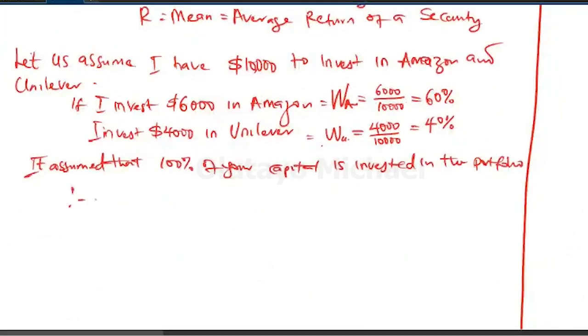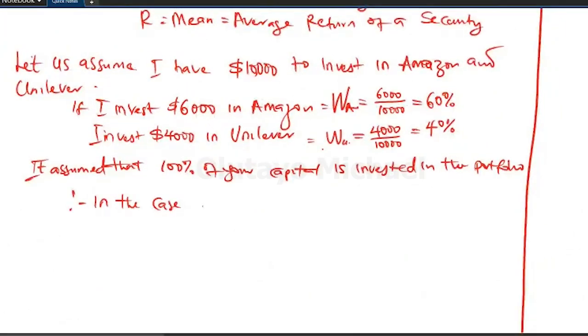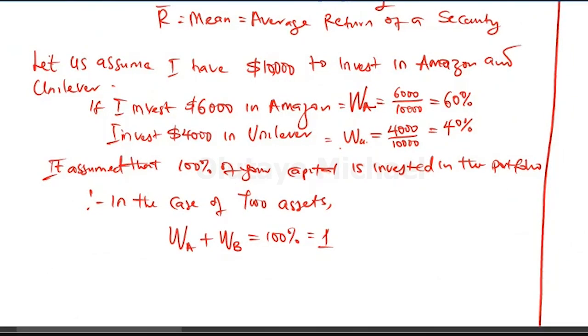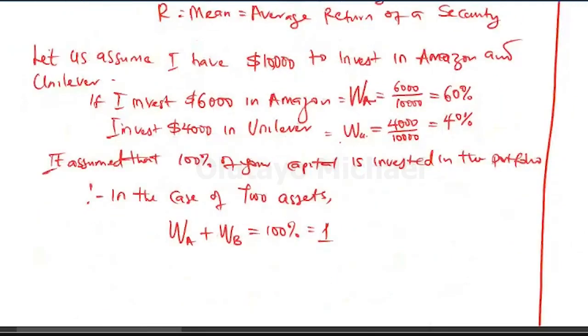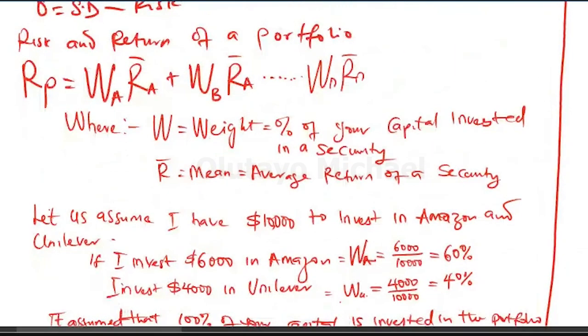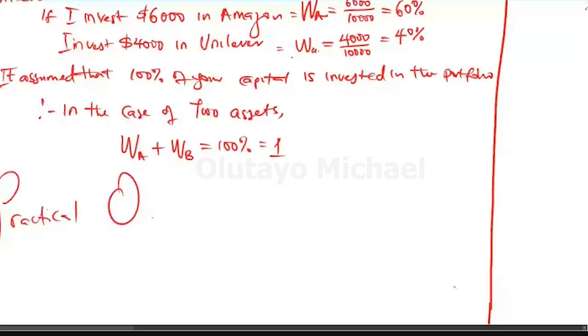Therefore, in the case of two assets, the weight of A plus the weight of B equals 100%, which is also equal to 1. So this is the explanation of the portfolio return variables. Let us now examine a practical question.